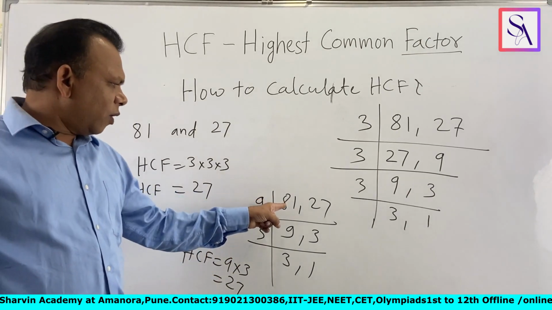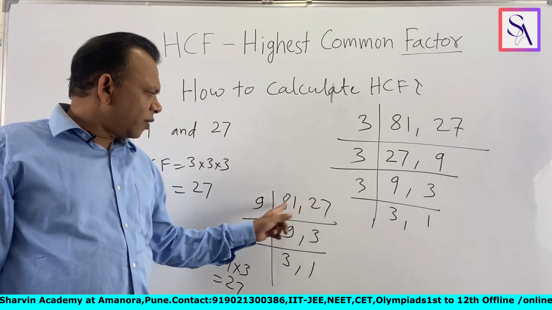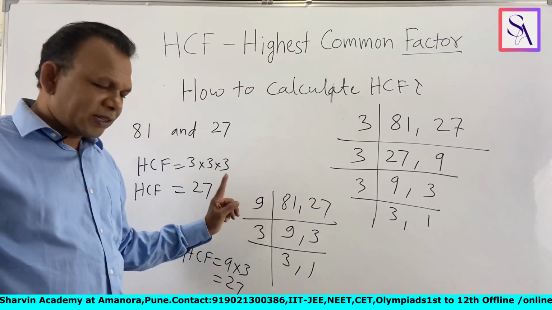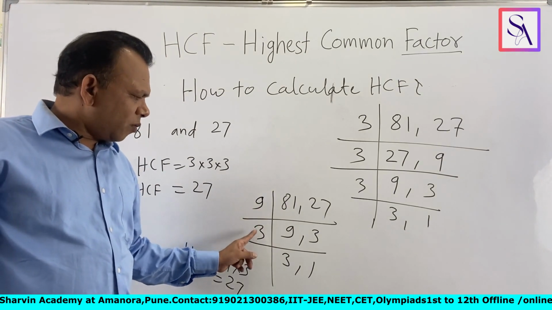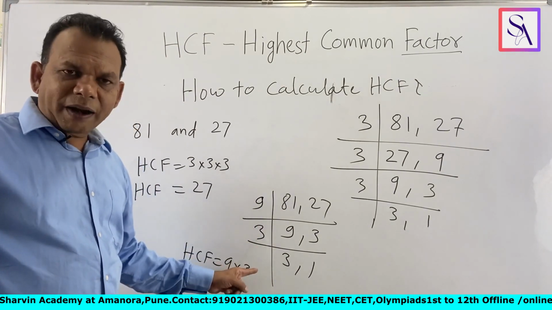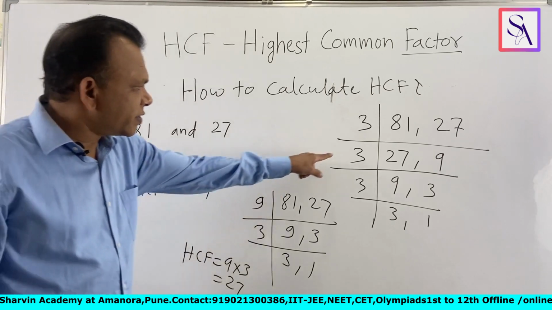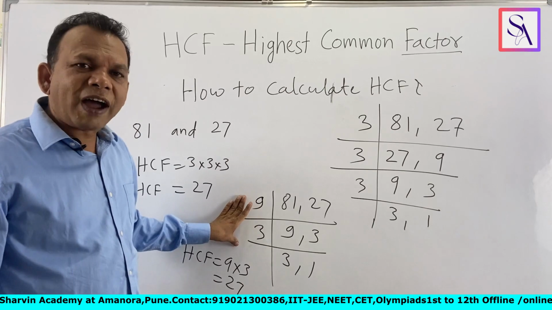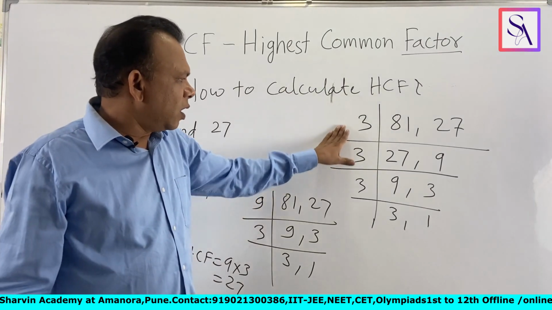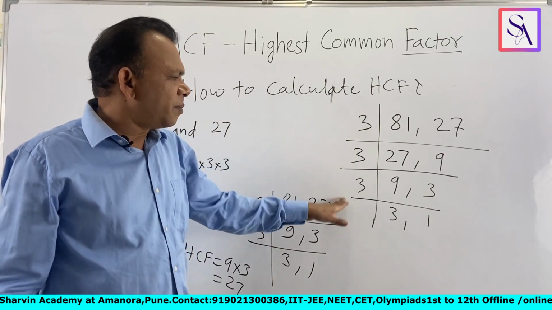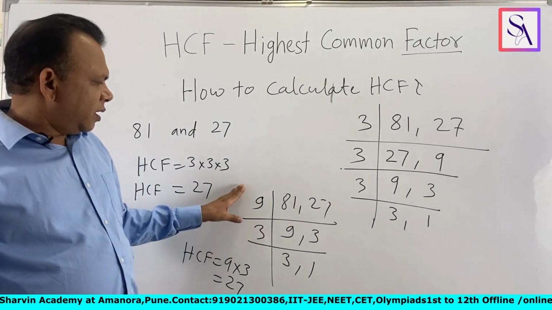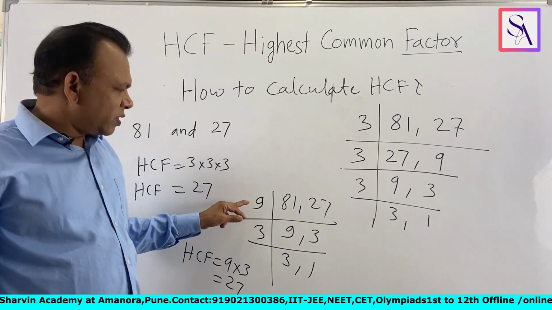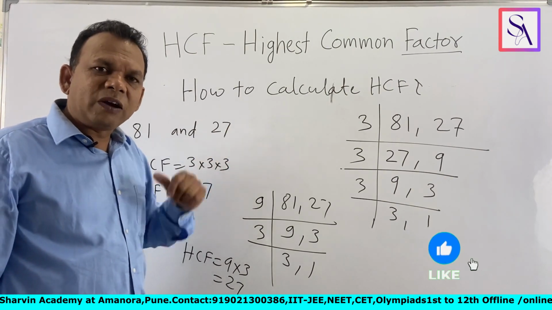You only need to find a common factor which will divide both the numbers. Here 9 is the common factor, and here 3 is the common factor. So this is also a correct method. The only difference between this and this is that this is prime factorization, where all the factors are prime. 3 is a prime number, and here these factors are not prime. 9 is not a prime number because 9 can be further factorized into 3 into 3.